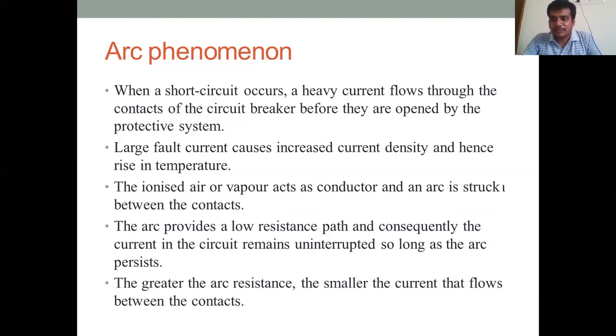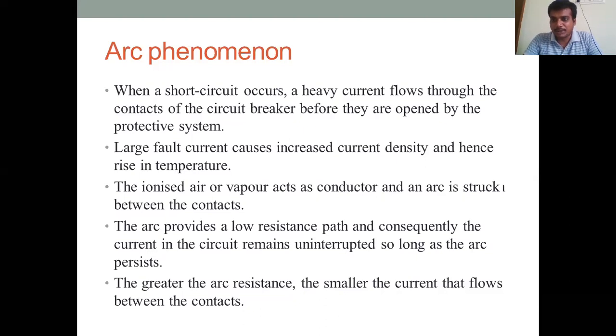This heavy current, when it flows, you know how the relay gets operated. Suppose the CTs are connected at either end of the alternators, or to the primary side of the transformer, it may be anything. When an enormous amount of fault current or short circuit current is flowing, the current will be sensed by the CT secondary, and the CT secondary will give the supply to the relay coil, which is the trip circuit.